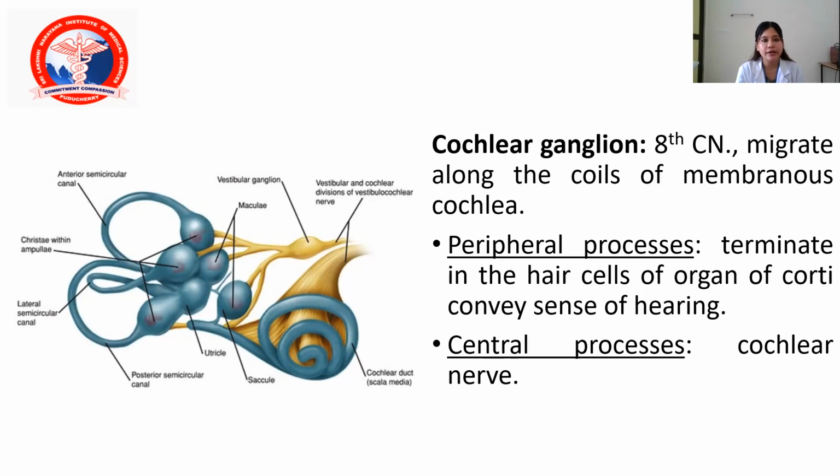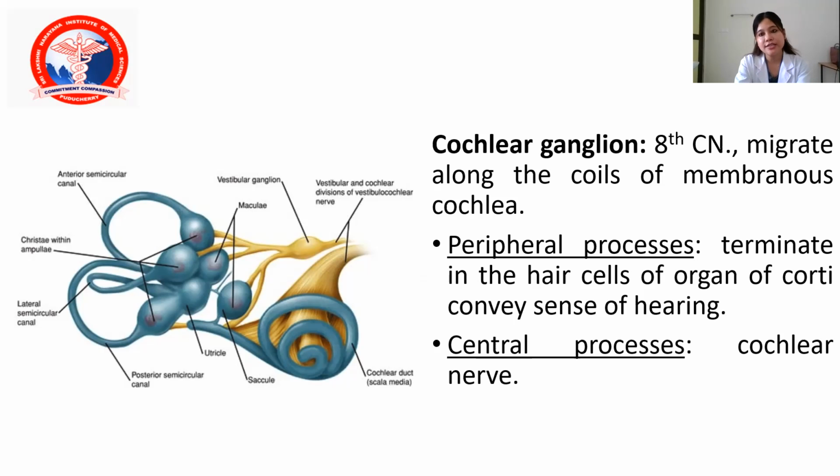Now, this cochlear ganglion also consists of bipolar cell neurons, like the vestibular ganglion. Bipolar cell neurons have two processes: peripheral processes and central processes. Peripheral processes of these bipolar cell neurons terminate in the hair cells of the organ of Corti, which convey the sense of hearing, and the central processes of the cochlear ganglion will form the cochlear nerve.